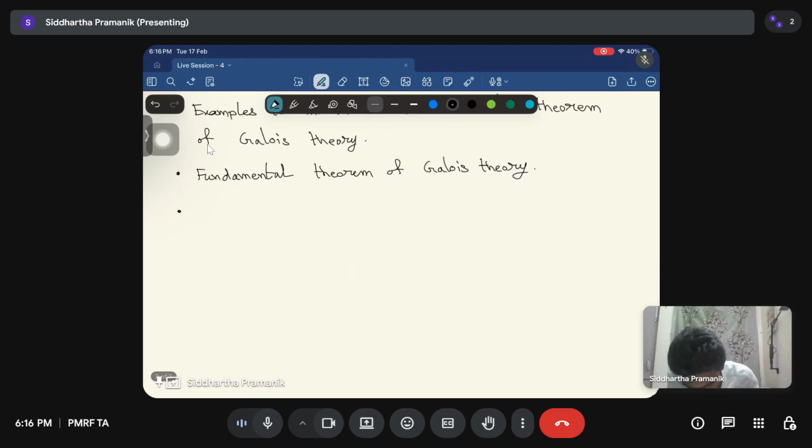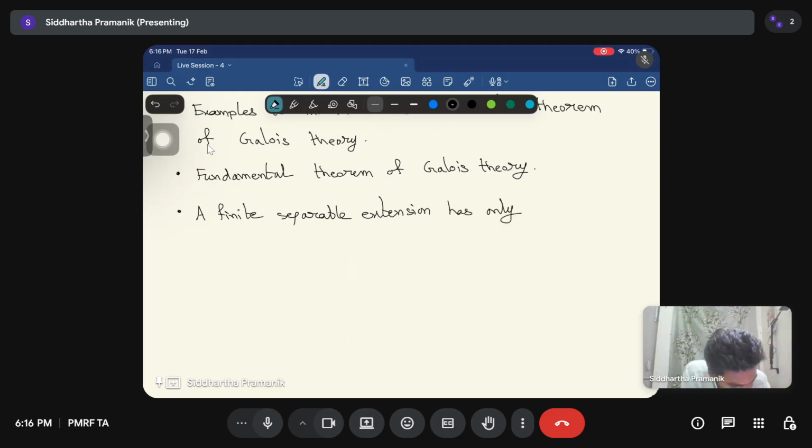One of these is about finite separable extensions. If you have a separable extension and it is also finite, then it can have only finitely many intermediate fields.